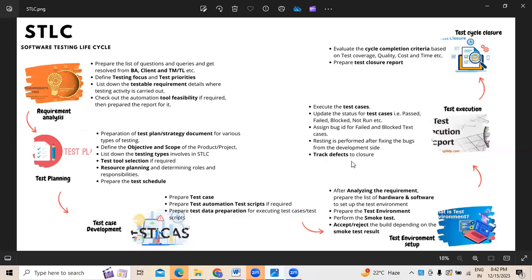Being a business analyst, when we are interacting with the testing team, if you know it, it will be more effective when you are discussing with them. When you are providing requirements to them, it will be more effective for us. At the same time, not only the use case, as I told you earlier, if there are any test cases to be prepared, those requirements will be given by the business analyst to the testing team.